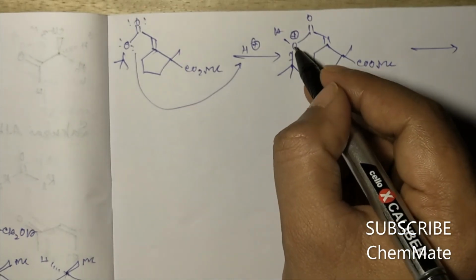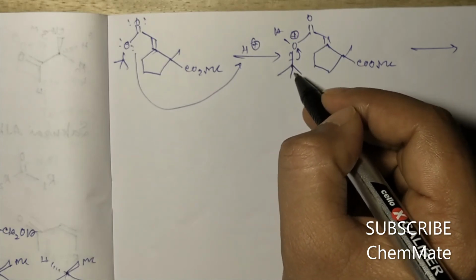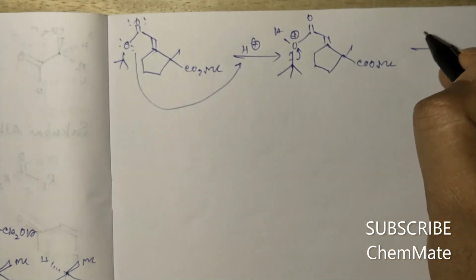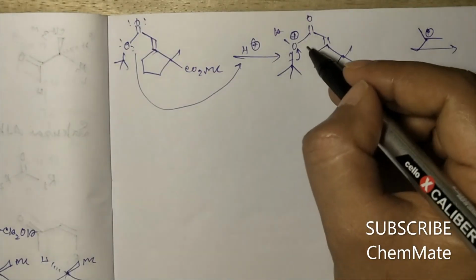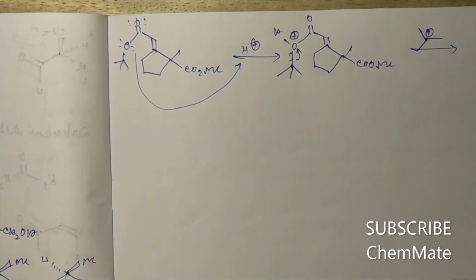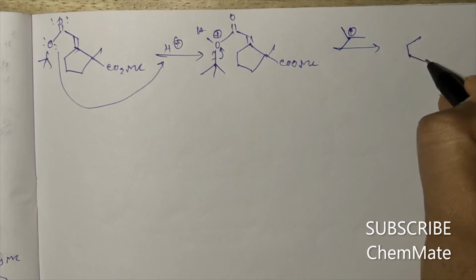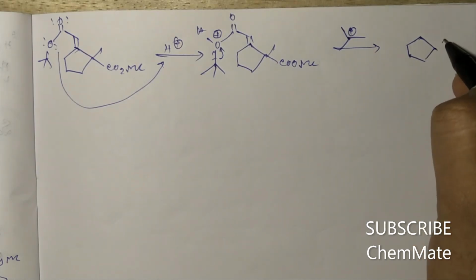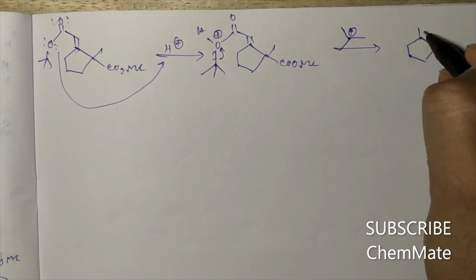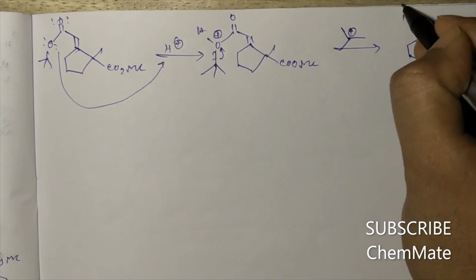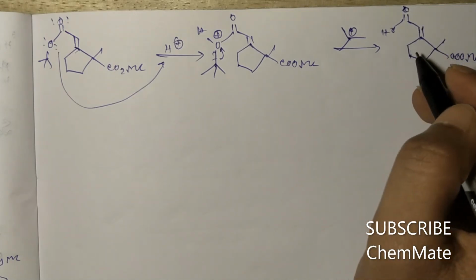Here alkyl oxygen cleavage will take place and there will be a stable carbocation formation here. So it will be the corresponding acid. This is the alpha beta unsaturated acid.